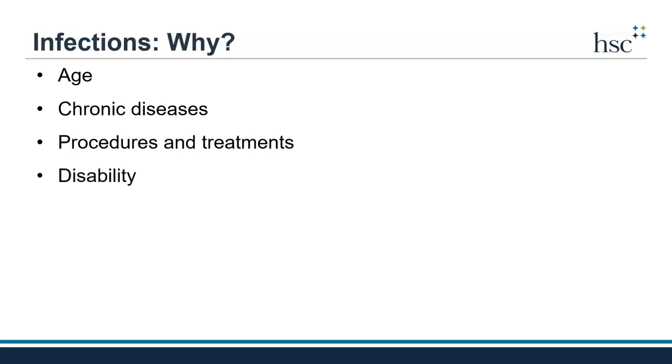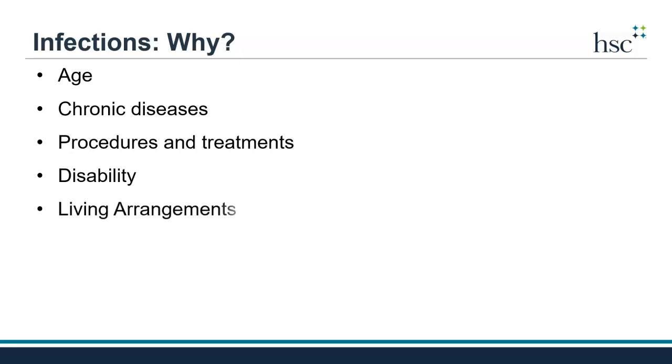Disability, or not being able to do daily activities like walking, eating, or going to the bathroom independently, also increases a person's risk for infection. For example, not being able to move makes already aging skin more vulnerable to tears and ulcers. Again, germs can then more easily enter the body.